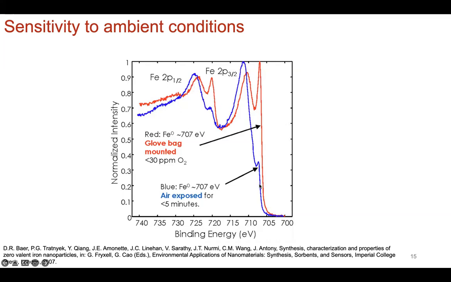But if your sample is air sensitive and you expose it for even under 5 minutes to get it out of the device or the battery, and then load it into the XPS instrument, you can see here that you're going to get shifts and spurious spectral peaks that are non-physical.